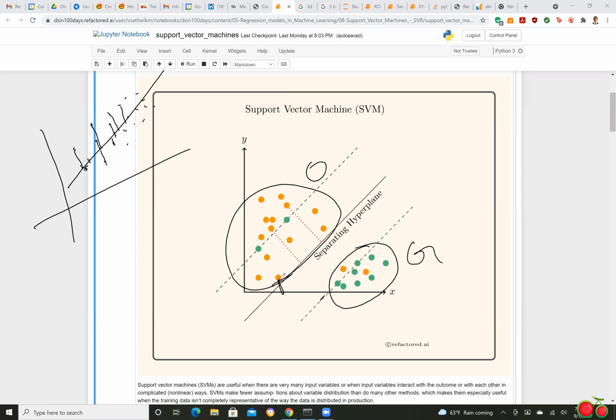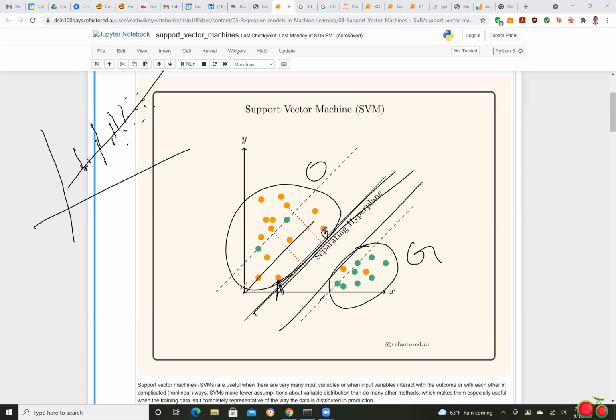And where do I have my empty space? My empty space is somewhere here. I cannot get to my empty space if I am trying to draw a line here. I'm cutting through the cluster itself, the group itself, right?